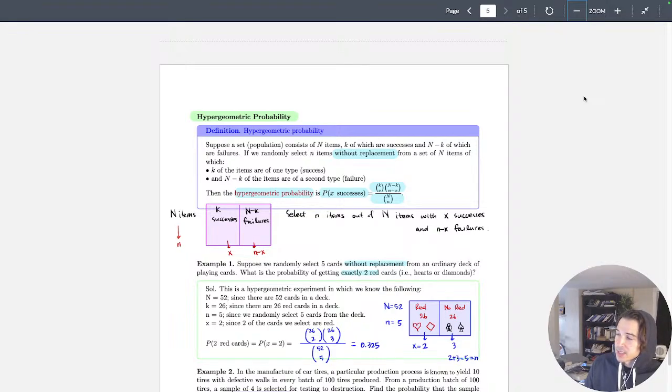If we randomly select little n items without replacement from a set of big N items, of which K are of one type, success, and big N minus K are of a second type, failure, then the hypergeometric probability is the probability of x successes equals K choose x times big N minus K choose little n minus x over big N choose n.